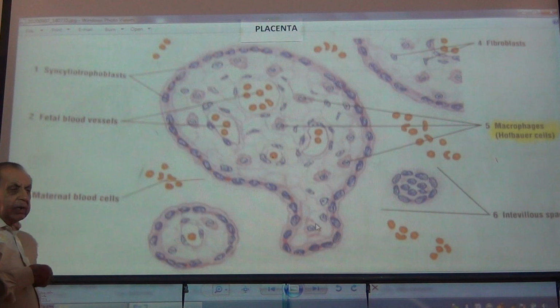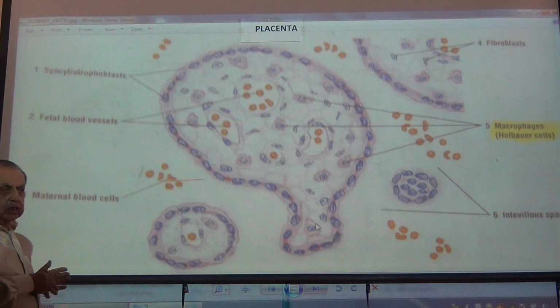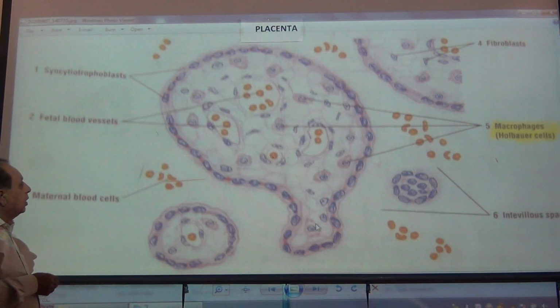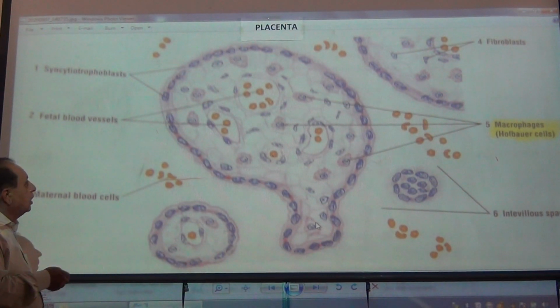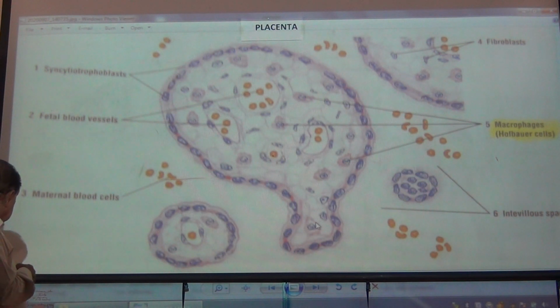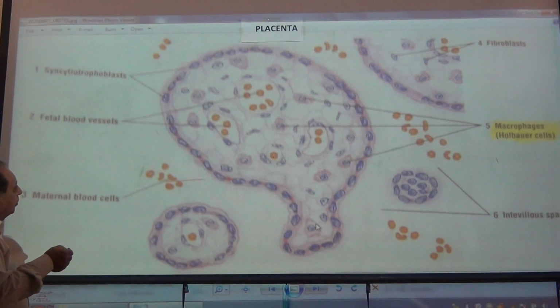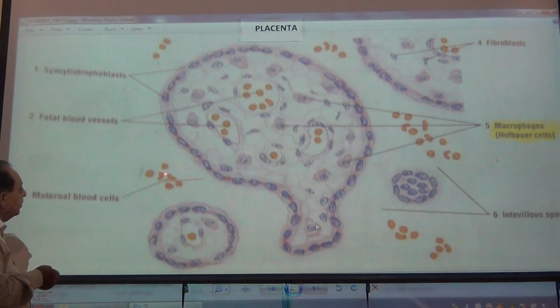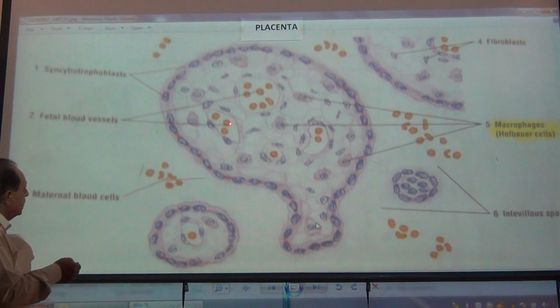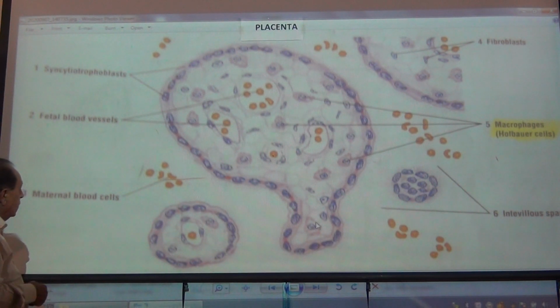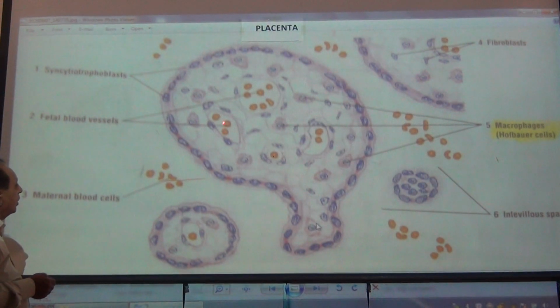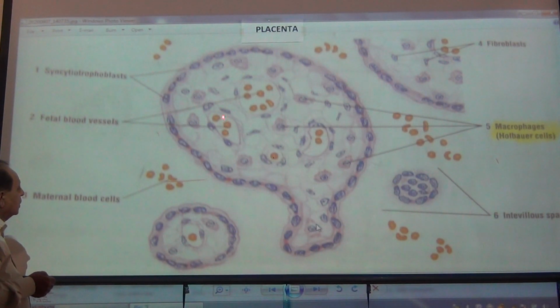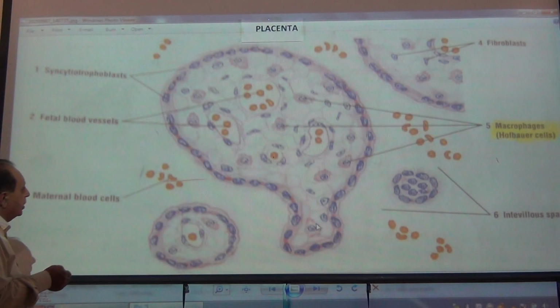Remember that fetal and maternal blood never mix with each other. And from the maternal blood to the fetal blood pass oxygen, vitamins, hormones and antibodies.